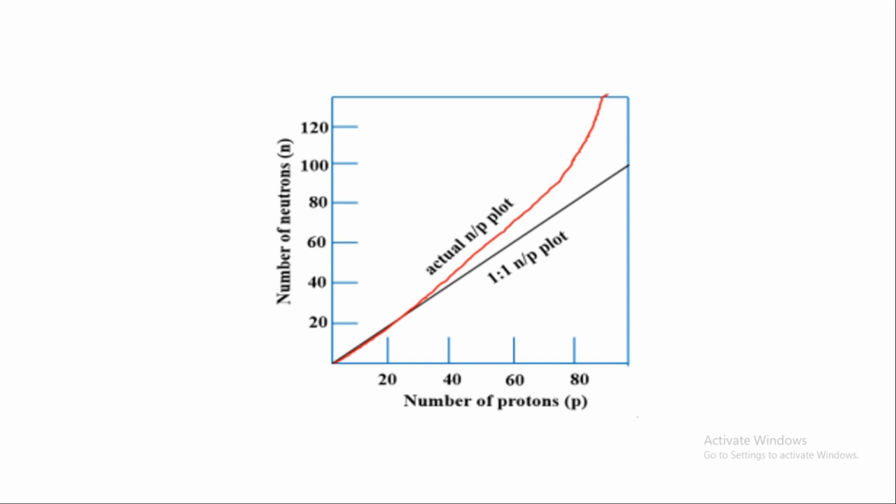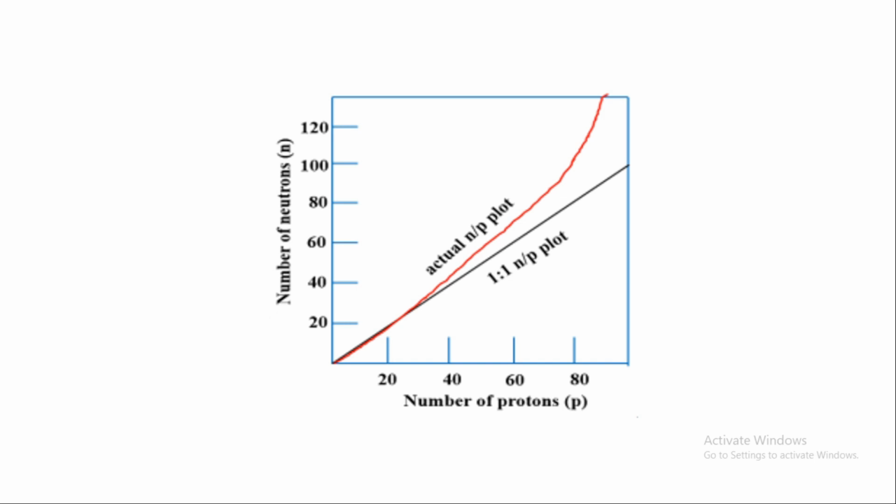After 83, the number of neutrons is much higher than the number of protons. The ratio of neutrons to protons, n to p, is much higher than 1. Once it becomes much larger than 1, the nucleus becomes unstable and undergoes radioactivity.